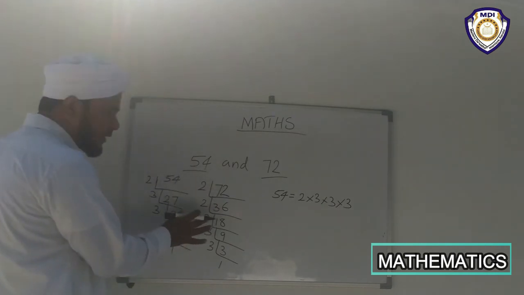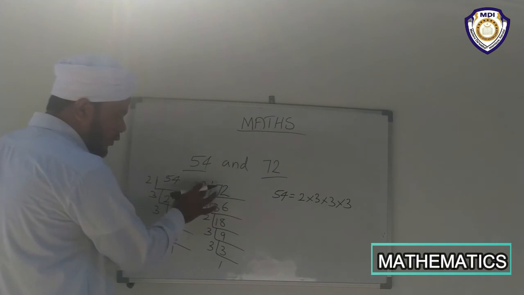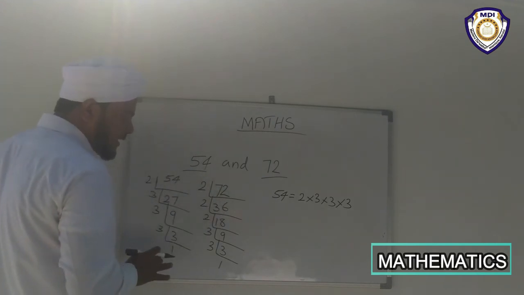We have studied the division method. It is very simple. 72 can be divided by 2, then we get 36.